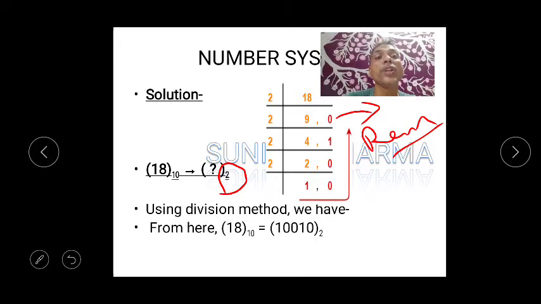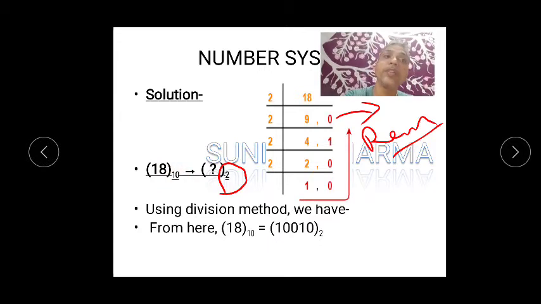What you have to do is just divide whatever your number is. Suppose here, not only 18, I've just taken an example. You can also take any example whichever you like. So you have to just divide it by 2. Suppose 9 2s are 18, so 18 minus 18, remainder is 0.